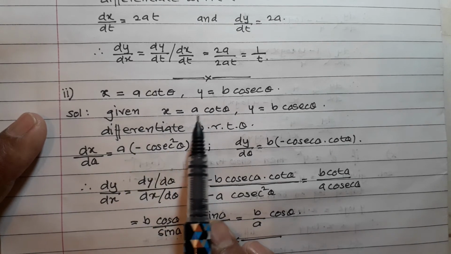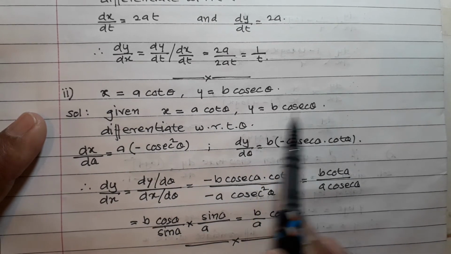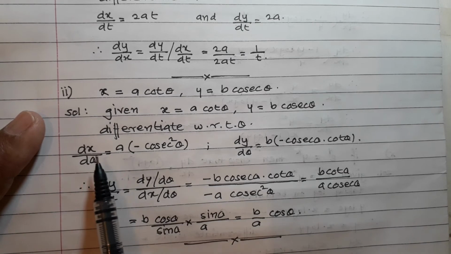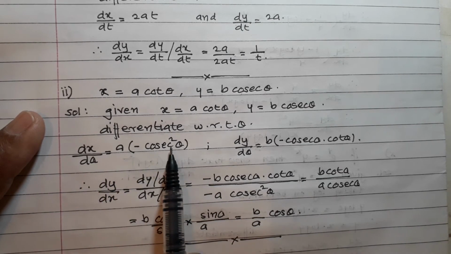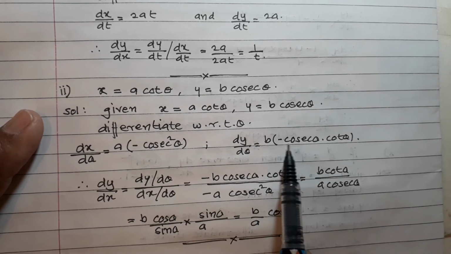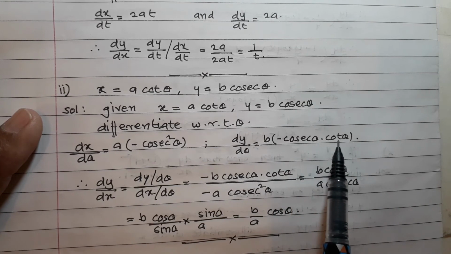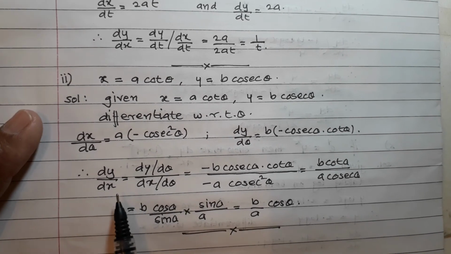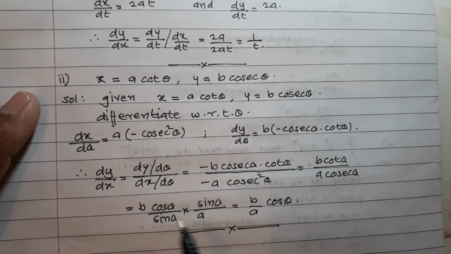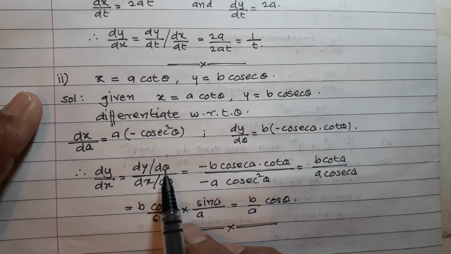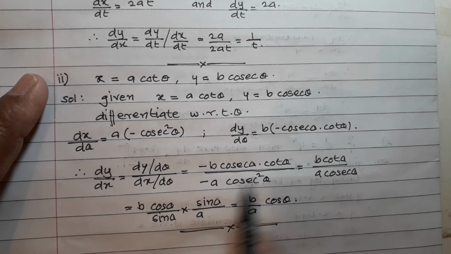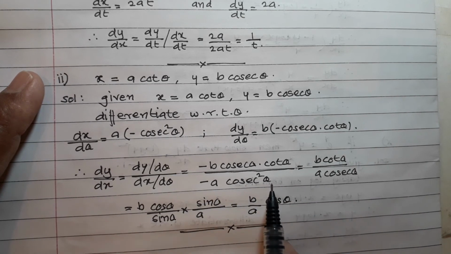Solution: given x is equal to a cot theta, y is equal to b cosec theta, differentiate with respect to theta: dx/dtheta is equal to a into minus cosec square theta, and dy/dtheta is equal to b into bracket minus cosec theta cot theta, and therefore dy/dx is equal to dy/dtheta upon dx/dtheta, which is equal to minus b cosec theta into cot theta upon minus a cosec square theta.